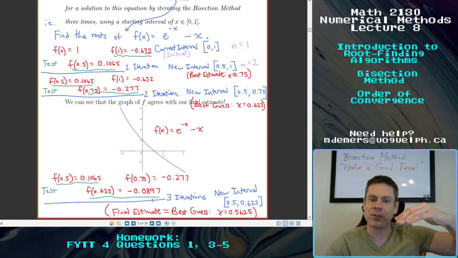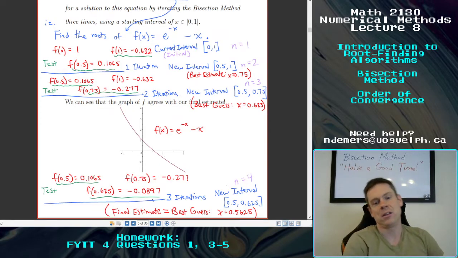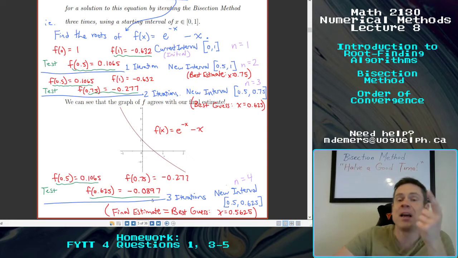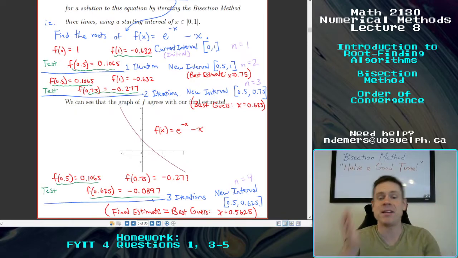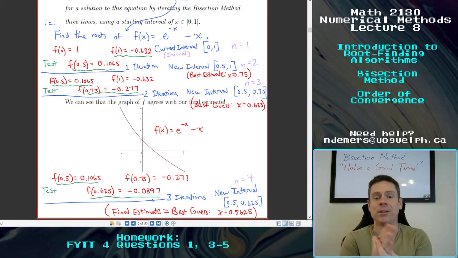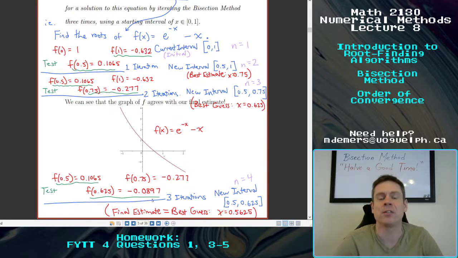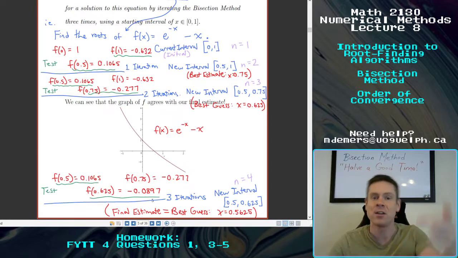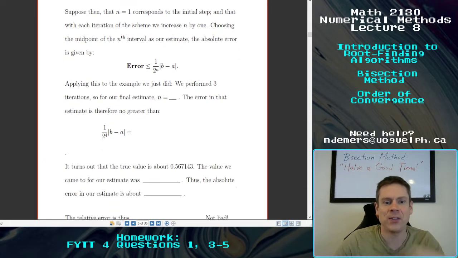The next interval after that is going to be our n equals 3 interval, and our final interval that we got to is the fourth. So in this first example that we did, we can guarantee that by taking the midpoint of that last interval, we can be no further than 0.0625 away, which corresponds to that quantity that I indicated on the next page. So let's fill in some stuff here.